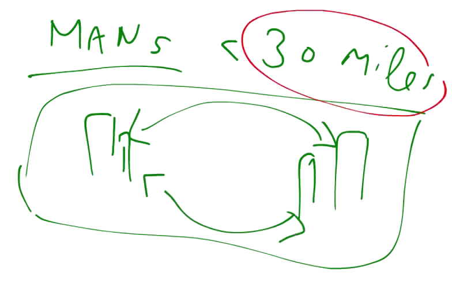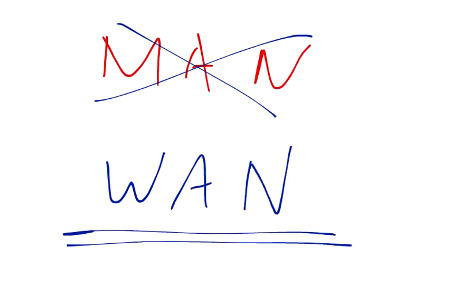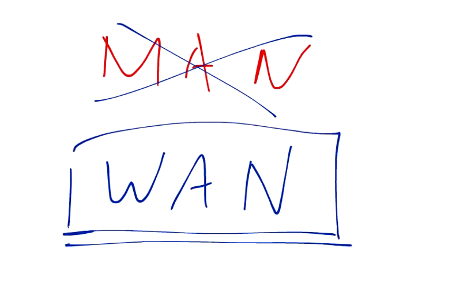And if the network is greater than 30 miles radius or area, then we will not call that network a MAN, because in that case it would be a wide area network, which is WAN, and we will be discussing WAN in our next tutorial.